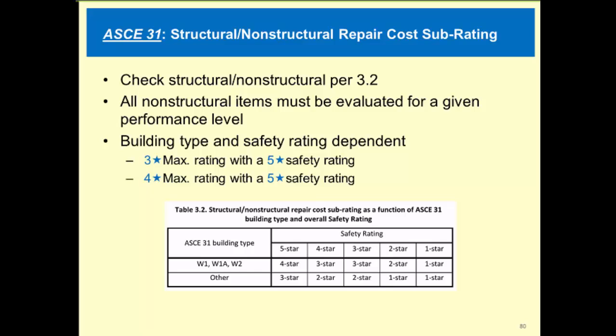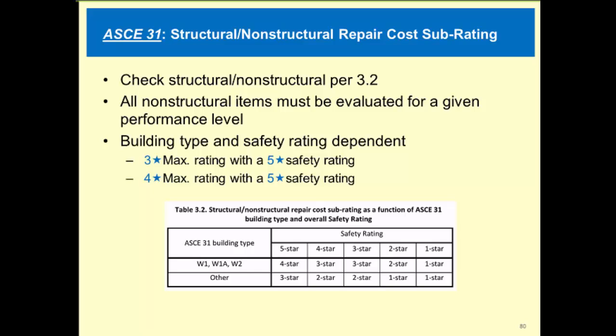For the structural, non-structural sub-rating, this was another considerable effort by the committee to generate Table 3.2. It's a very nice, concise table. I'll go into exactly how we developed that table shortly. This is in Section 3.2.